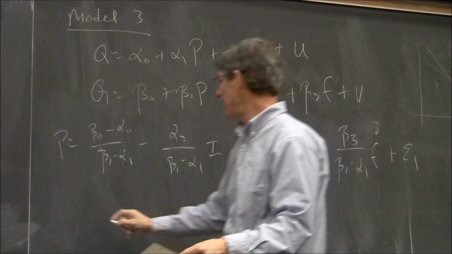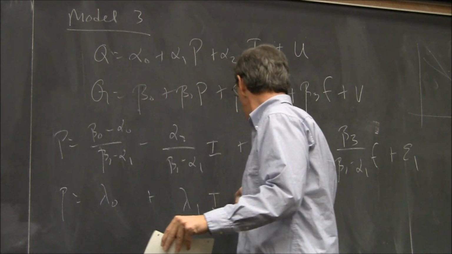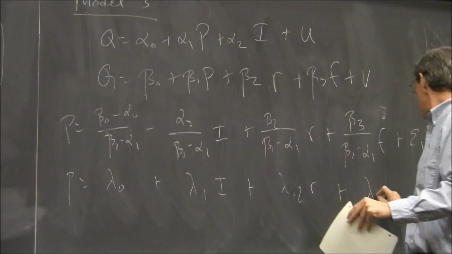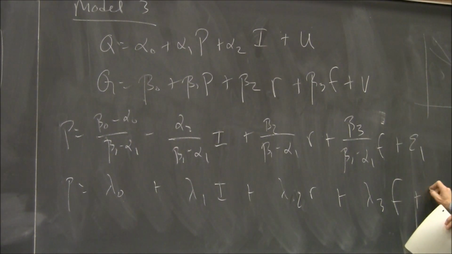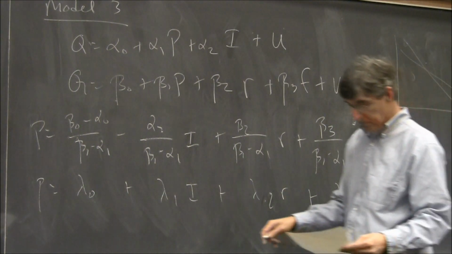And then we'd call that P equals lambda 0 plus lambda 1 I plus lambda 2 R plus lambda 3 F plus E1. So that's your reduced form price equation.